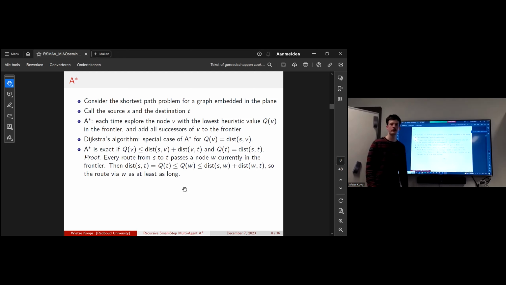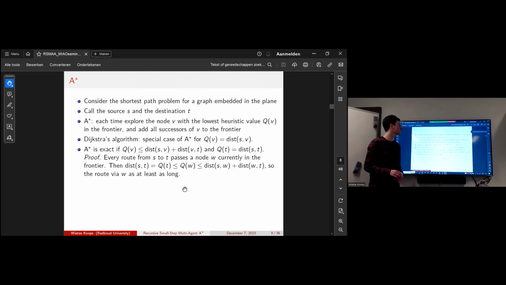So when does A-star actually find the shortest path? Well, that's the case if the heuristic is an underapproximation. So the heuristic for vertex V has to be smaller or equal to the shortest route via V, and that's exactly the distance from S to V plus the distance from V to T. And also the heuristic has to be exact once I reach the destination.